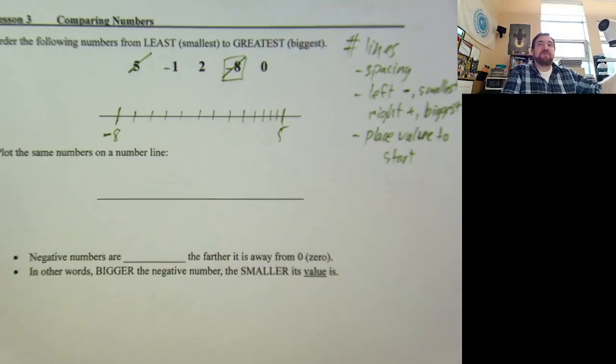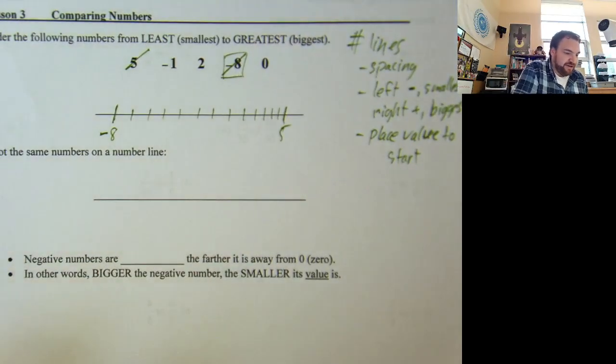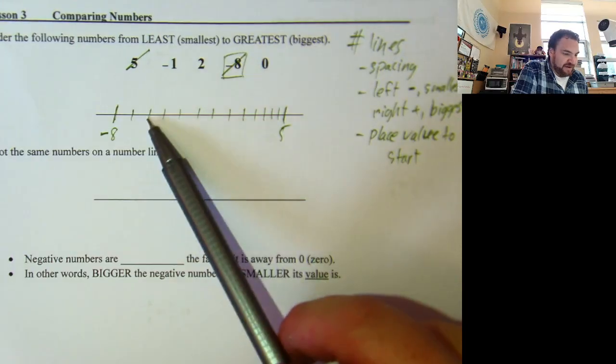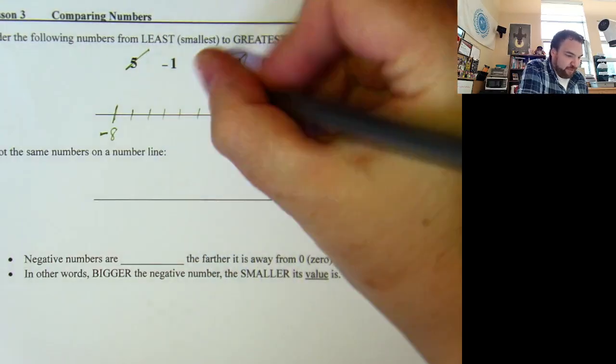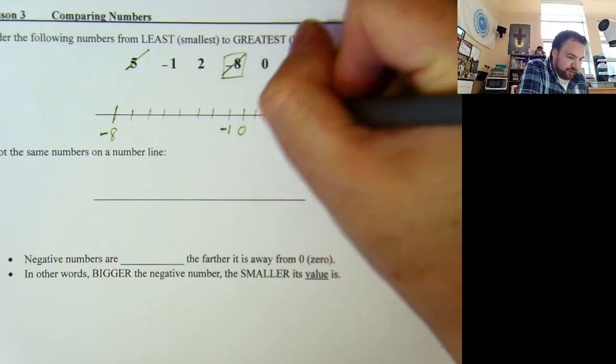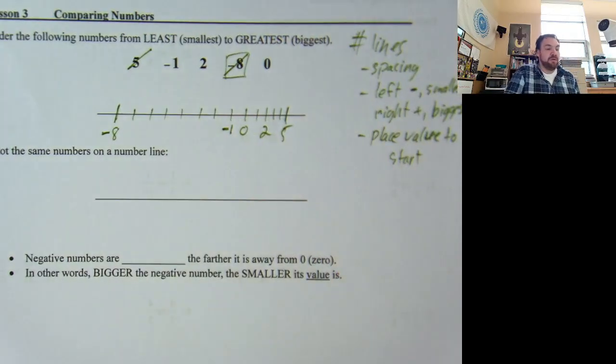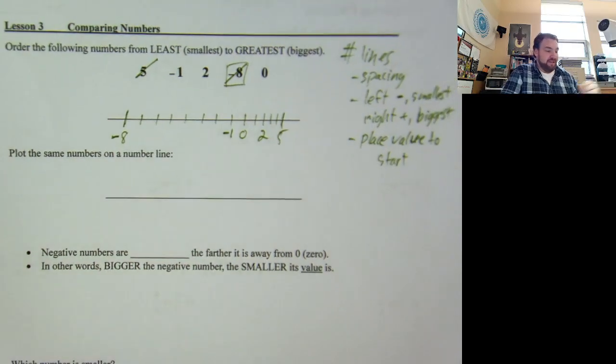I just counted off between -8 and 5, and now we can toss these things in here. -8, -1, 0, 2, and 5. We want to treat the number line properly. I wouldn't just toss them on there haphazardly. If you're going to use the number line, use it properly. Yes, Guntas, is that a hand? No, okay, cool. Space them out. But that's what that's going to look like.